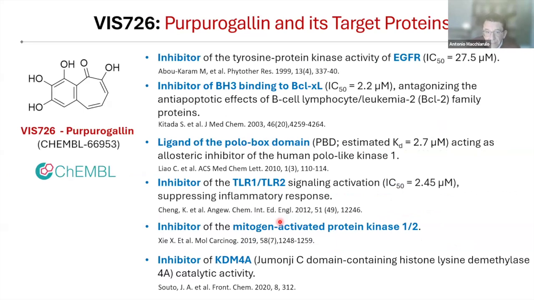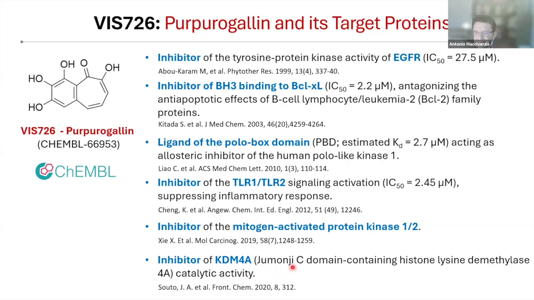In particular, purpurogallin is an inhibitor of the tyrosine protein kinase activity of EGFR, is an inhibitor of H3 binding to BCL-XL, antagonizing the anti-apoptotic effect of B-cell lymphocyte leukemia 2 family proteins, is a ligand of the polo-box domain, is an inhibitor of toll-like receptor 1 and toll-like receptor 2 signaling, is an inhibitor of mitogen-activated protein kinase 1 and 2, and is also an inhibitor of an isoform of the histone lysine demethylase enzyme.